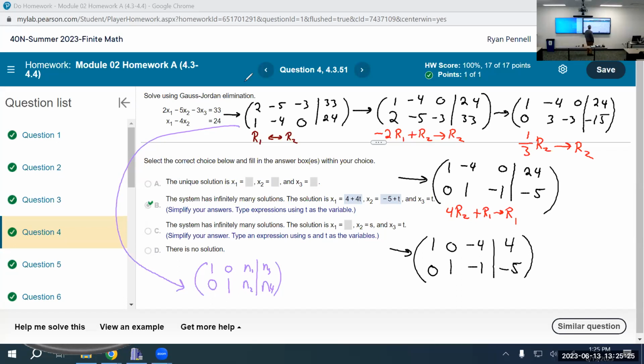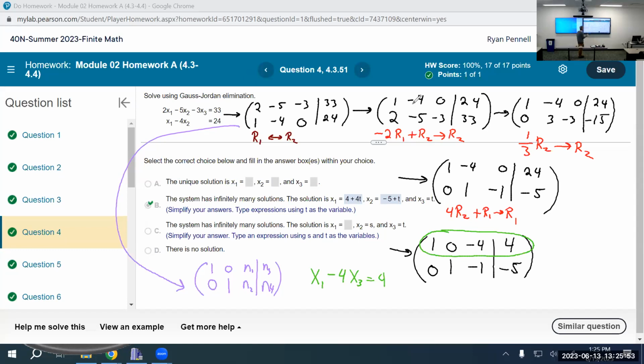Okay, so what does that mean? Let's look at that. What I can do is I can solve x1 in terms of x3.